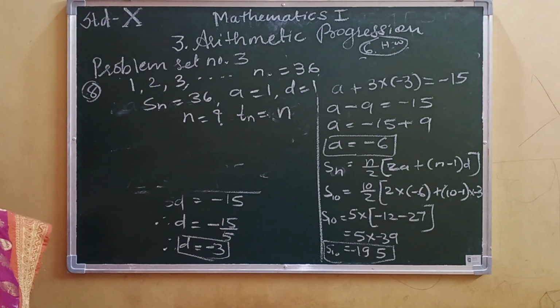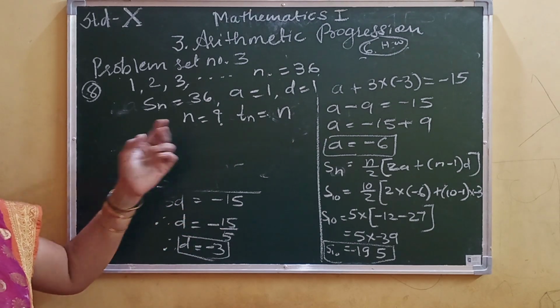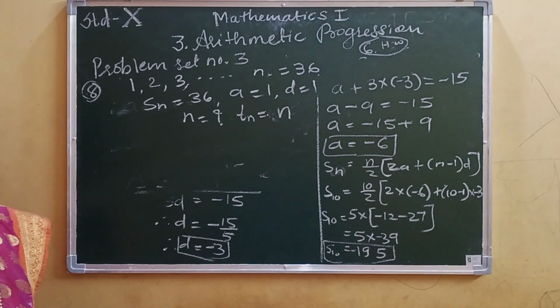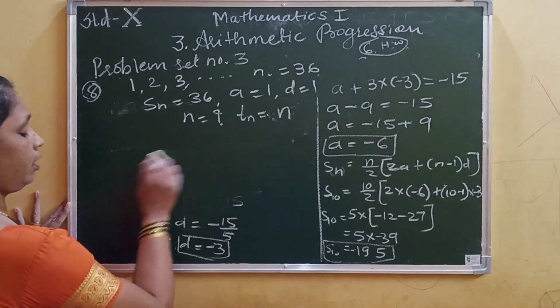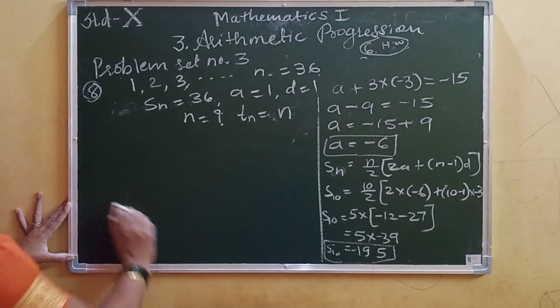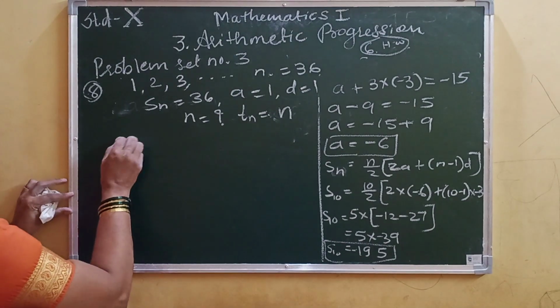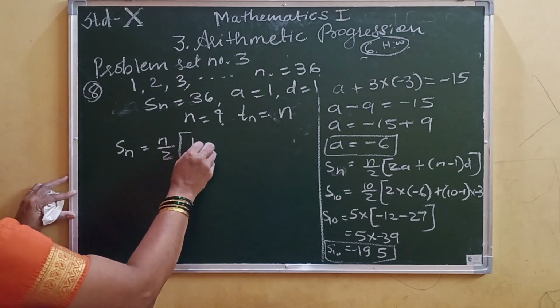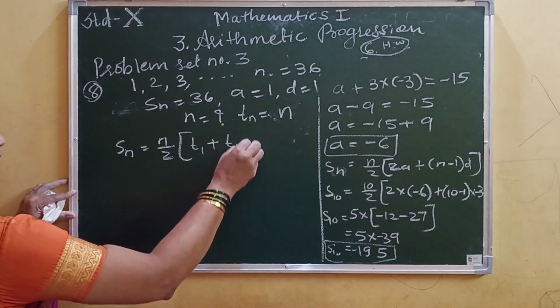Okay. Now you can find n's value. You will get a quadratic equation here. I will only show how you solve it. See, Sn is equal to n by 2 (T1 plus Tn).